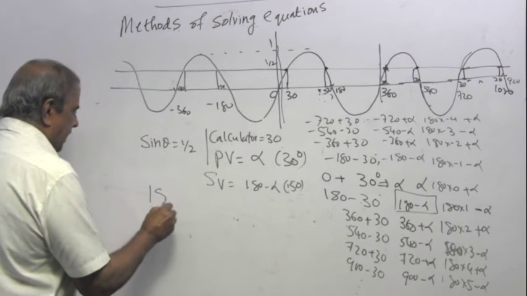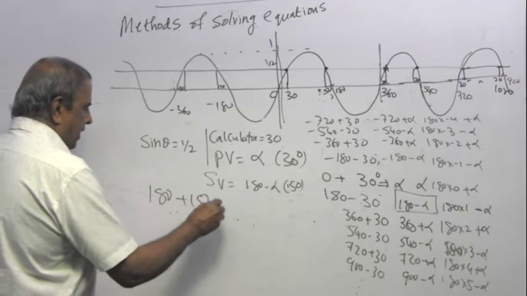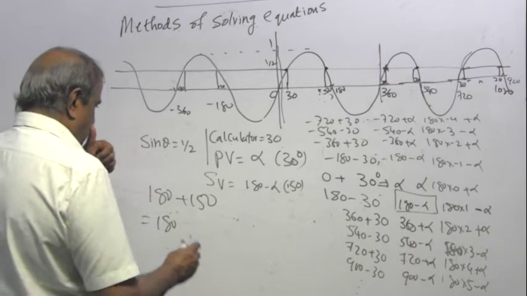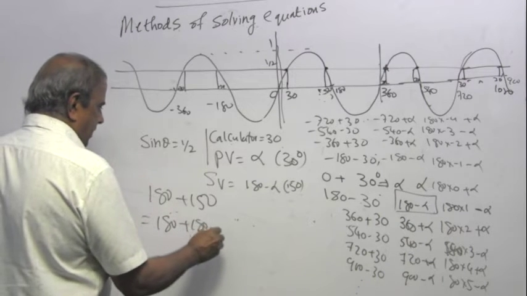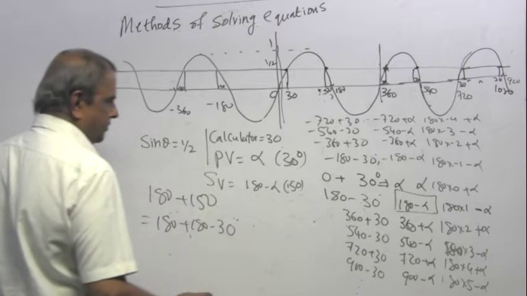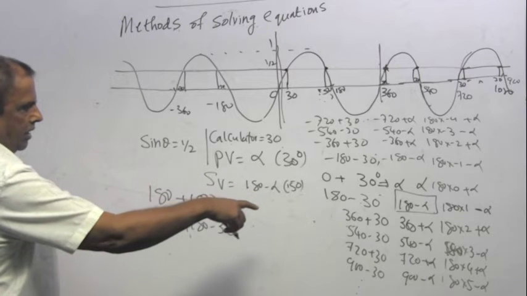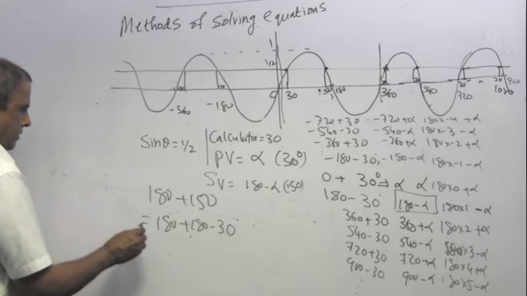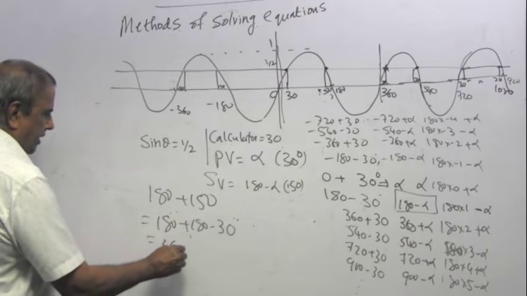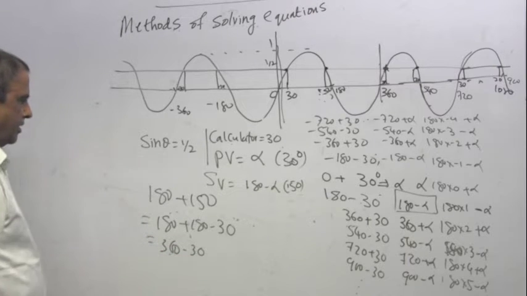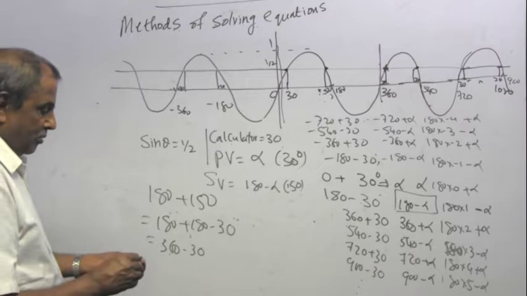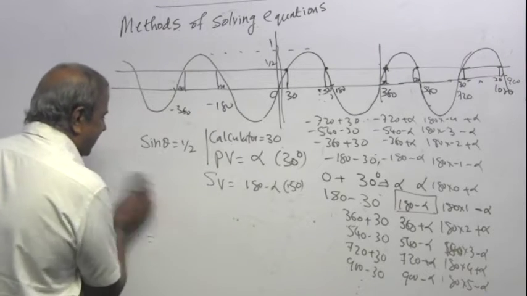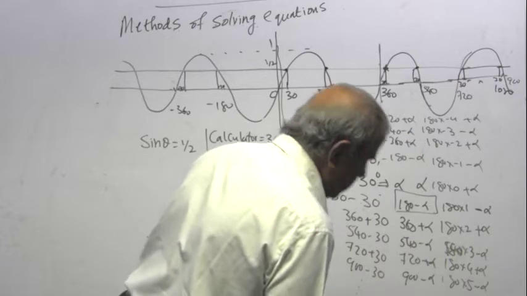150, 180 plus 150 is 180 plus 180 minus 30. I'm looking at the value 540 minus 30. Sorry, 360 minus 30. Ooh, that doesn't seem to be working. So, how do we? Let's list it and see what will happen.